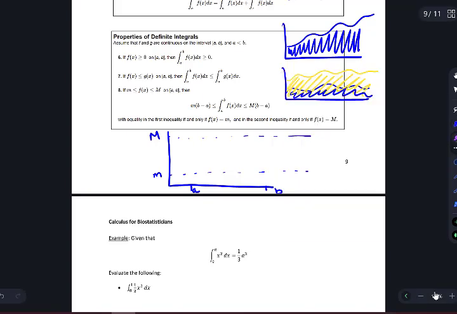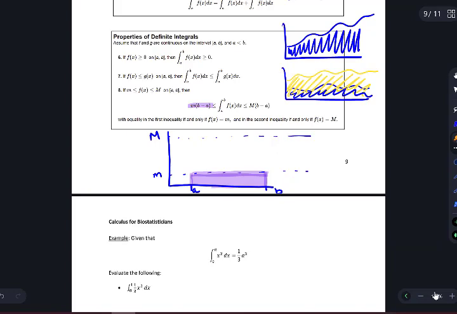The first one we're going to draw is the rectangle that falls between a and b and goes up to little m. Notice that the area of this purple rectangle is equal to little m times b minus a, because b minus a gives me the width along the bottom and little m gives me the height.